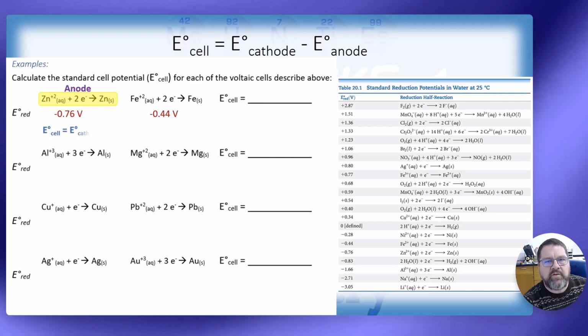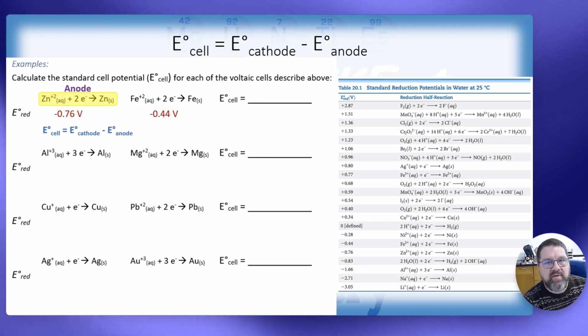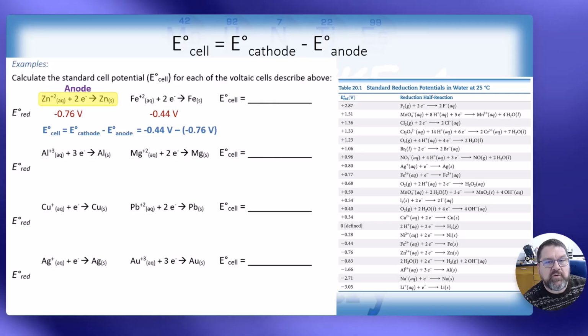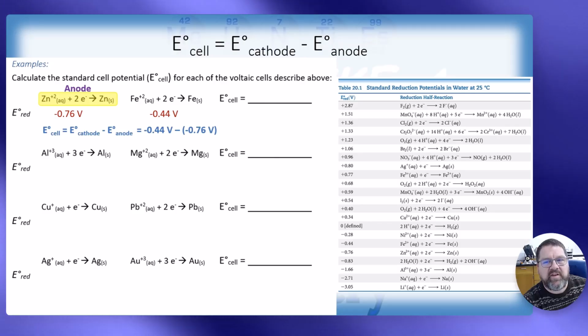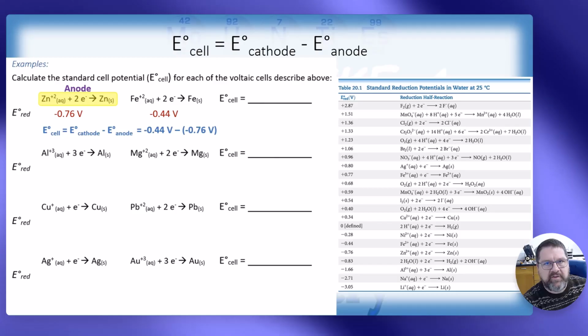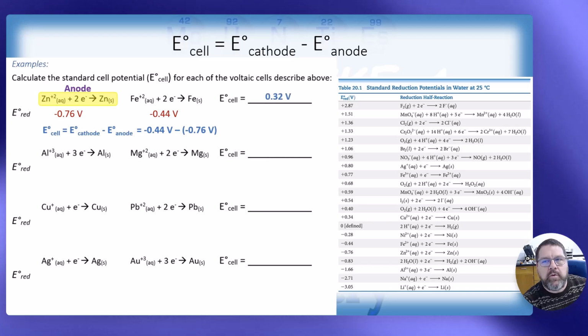Therefore, we're going to find the cell potential for this pair of half reactions by taking the reduction potential of the cathode, which is the iron in this case, so negative 0.44 volts, minus the standard reduction potential of the anode, which is the zinc, so that's the negative 0.76 volts. Watch your signs. Signs get you in all kinds of trouble if you're not careful with these calculations. So you're subtracting a negative, so that makes it a positive, and that will give you a positive 0.32 volts.